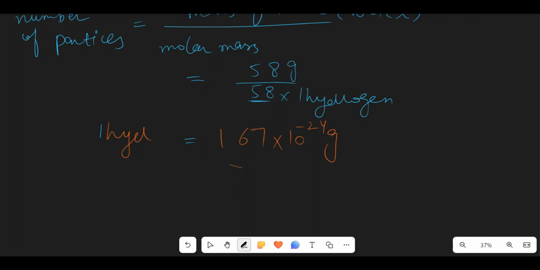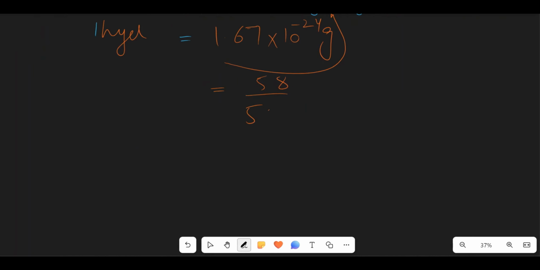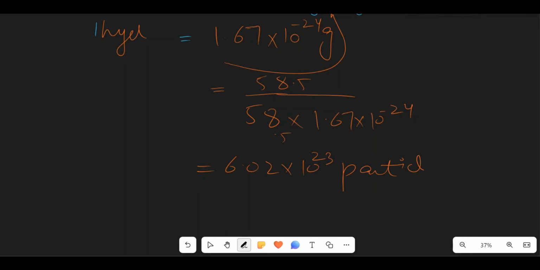When we put in the value of this one hydrogen atom, we get 58.5 divided by 58.5 into 1.67 into 10 to the power minus 24, which gives 6.02 into 10 to the power 23 particles present in 1 mole of salt.